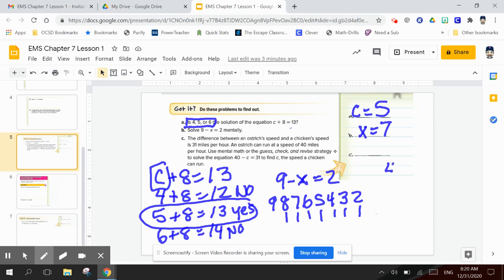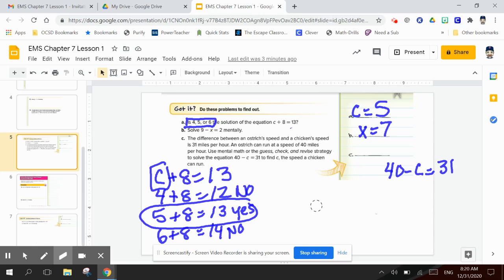So if I have 40 minus c equals 31, again, I can look at this as saying, what can I subtract from 40 to get 31?